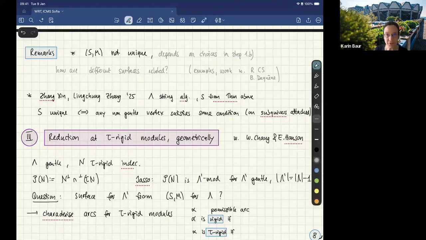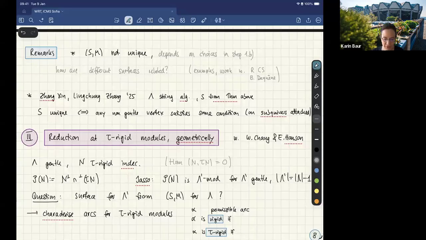If you don't know what tau rigid means, it's basically a rigid module, so you can't really deform it, with some extra conditions. So tau rigid implies rigid.